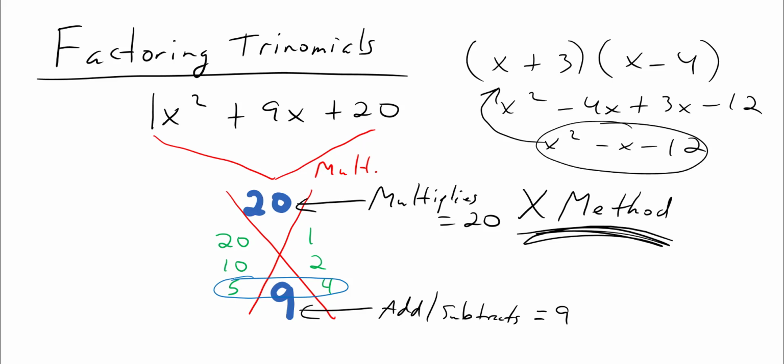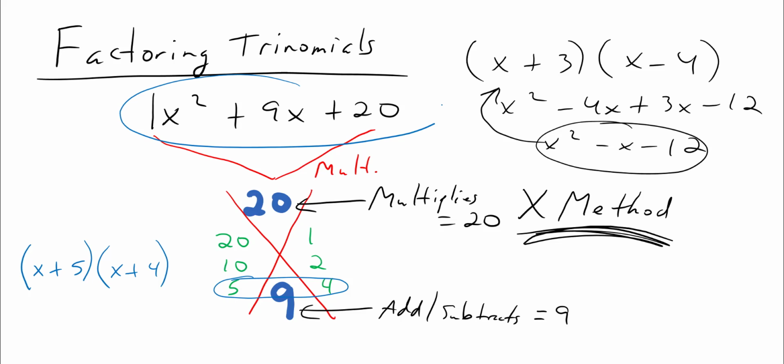Once you have established that, you're almost done with the problem. The answer to this problem now is x plus 5 times x plus 4. Okay? So that's what this factors to.